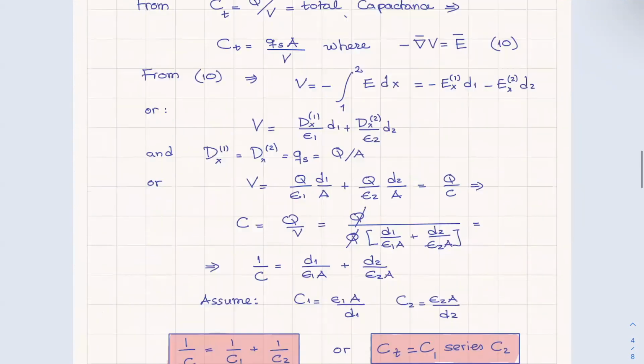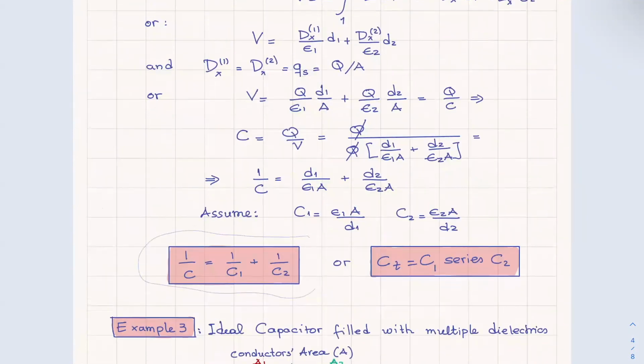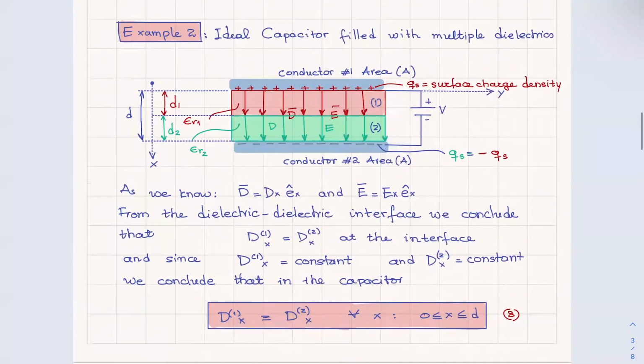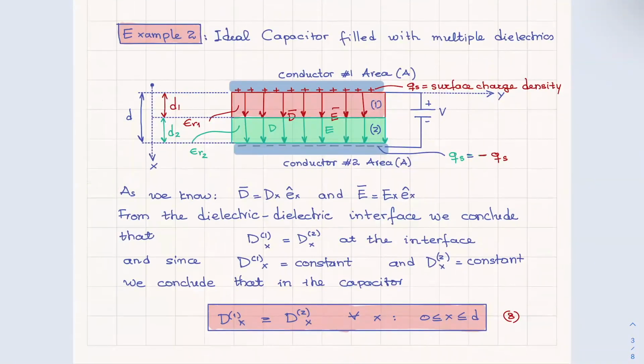So if you have two capacitors in series, then the total capacitance is going to be given by that, all right, and is expressed in this form, where each one of these capacitors is considered to be an ideal capacitor and they're connected in series, even if there is no metal in between. There's no metal between the two dielectrics, but it seems like it works as if there was a metal.